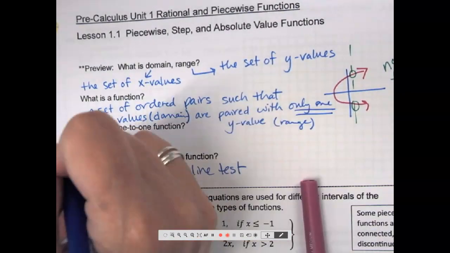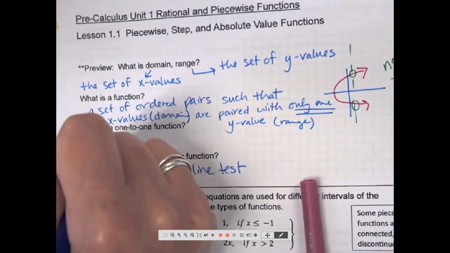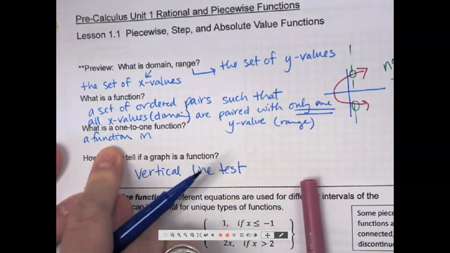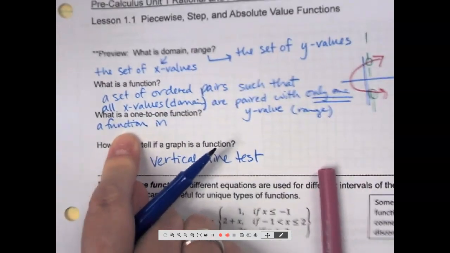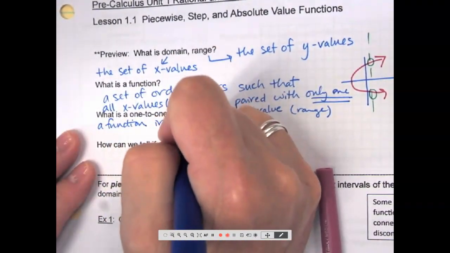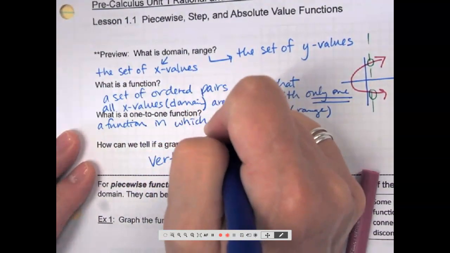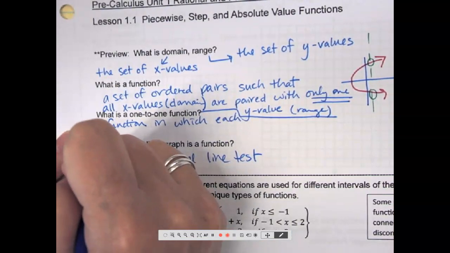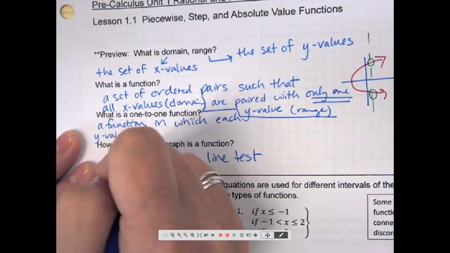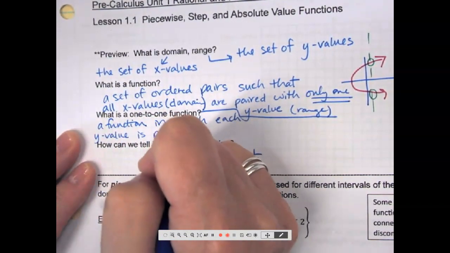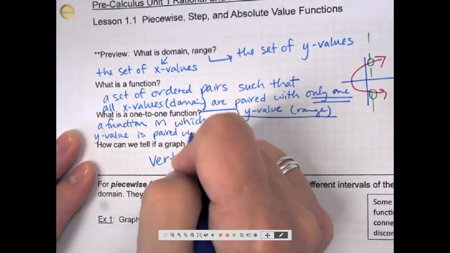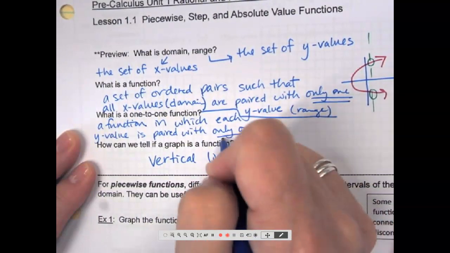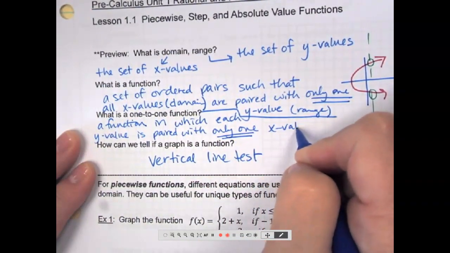So a function, which automatically implies each x is paired with only one y, in which each y value is paired with only one x value.